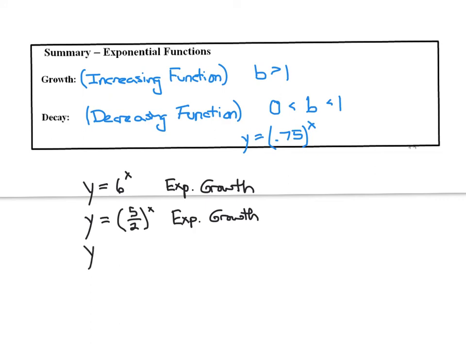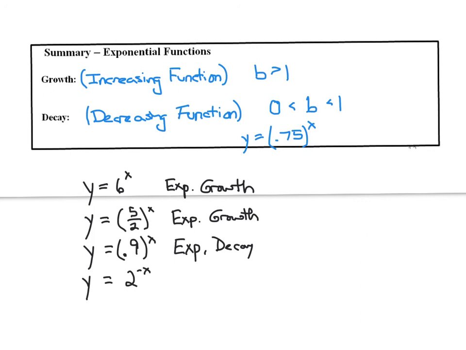If I have something like y is equal to 0.9 to the x power, this time the base is less than 1. Notice that it's between 0 and 1. So that would be an example of exponential decay. One more, let's take a look at y equals 2 to the negative x.